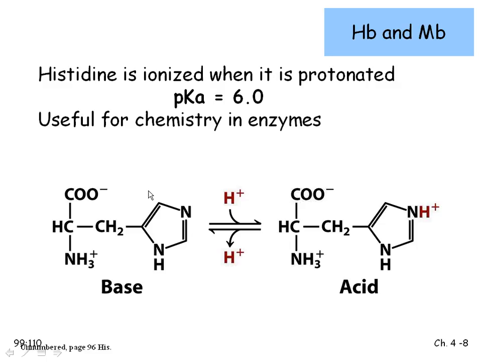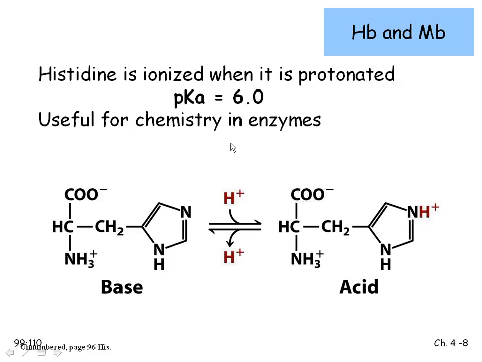I can't remember whether I drew it initially as with or without the proton, but here's the unprotonated, unionized form, and it can become protonated or ionized. And those two forms both exist depending on the situation in the body. The pKa for this is 6. And so at pH 7, which would be neutrality, you'd have about 10% of the protonated form and 90% of the other kind.